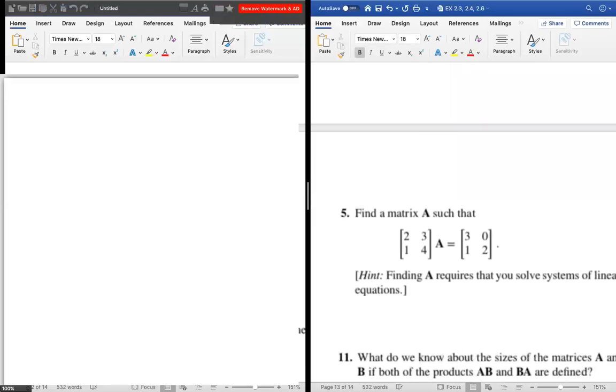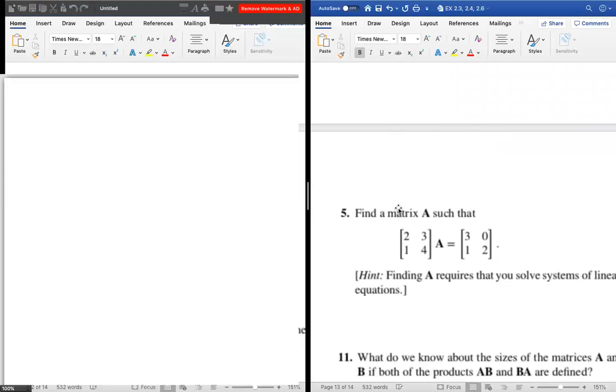So this is question number 5, and here we have to find the matrix A such that the resulting matrix is 3, 1, 0, 2. When we multiply 2, 1, 3, 4 with the matrix A, we get 3, 1, 0, 2.